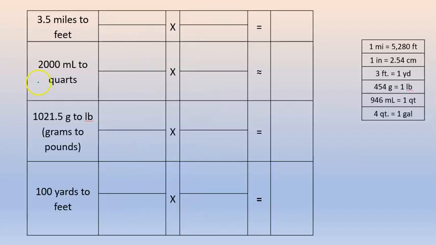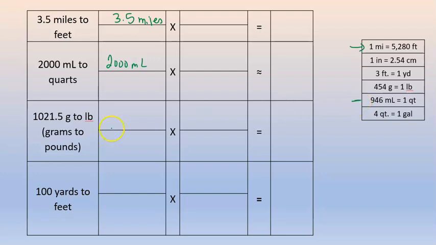So we're going to try a couple of these. I'm just going to write it in here, 3.5 miles. Okay, and you are going to see over here, there's my conversion rate. Okay, and then I'm going to write here my 2,000 milliliters. And I'm going to look at there's my milliliters to quart, my conversion.